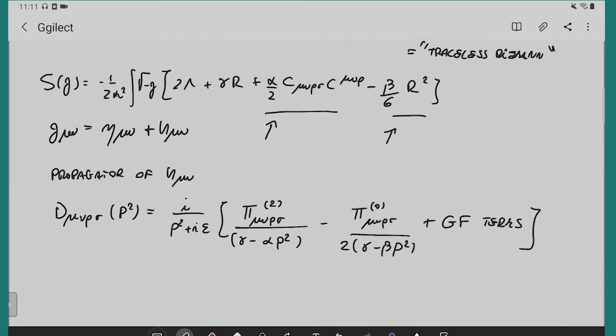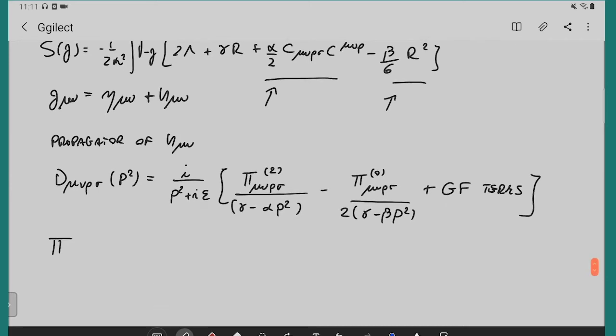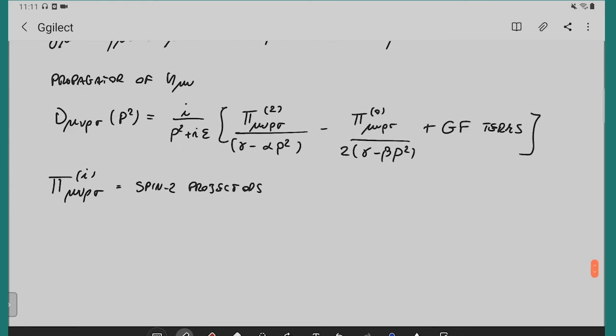And these Pi are projectors, spin-2 projectors. A spin-2 contains a pure spin-2, spin-1, spin-0, and these project onto the sub-multiplets, if you want.